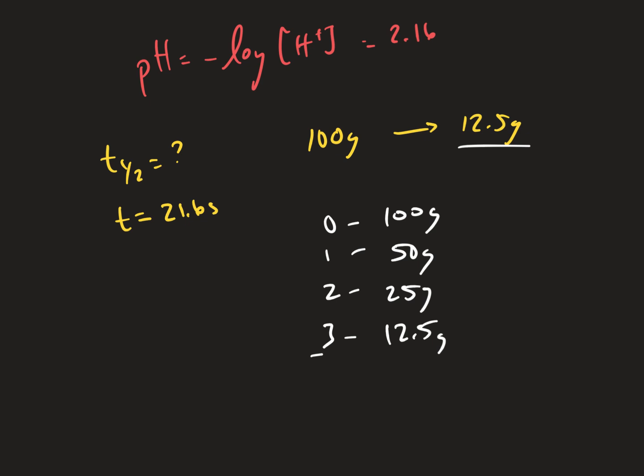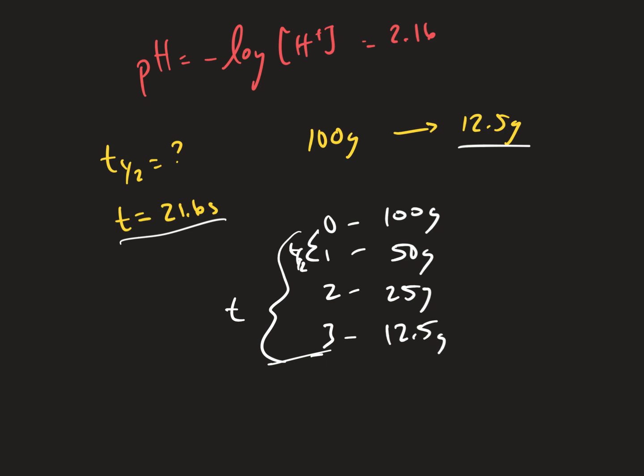We want to know how long 1 half-life is. So what do we do? This is t. This is t half. You with me? The total time divided by 3.